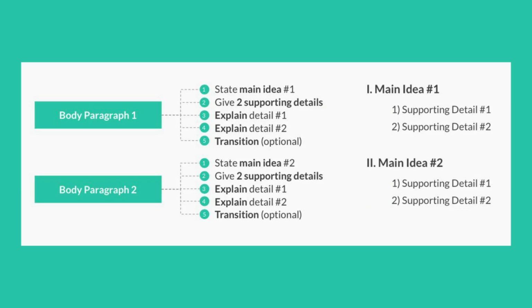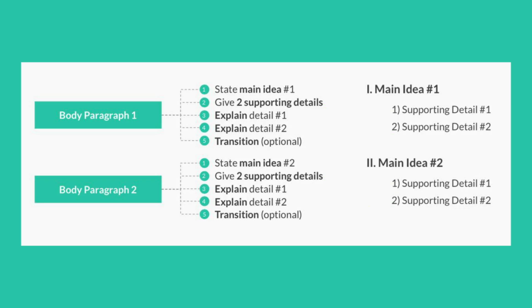And after that, you explain those details. We do this for both body paragraphs. We give supporting detail 1 and supporting detail 2, and again for the second body paragraph, after talking about our main idea, we provide supporting detail 1 and supporting detail 2.